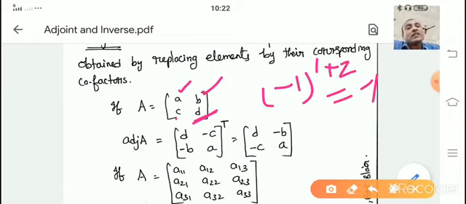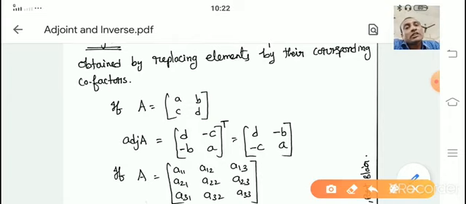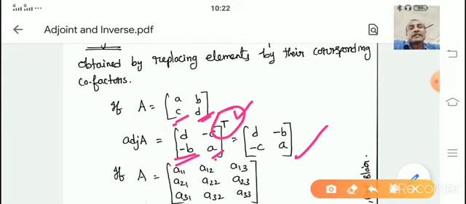It is the first row second column element, C will come, but with the cofactor sign criteria it is minus C. Cofactor of C is minus B. Cofactor of D is A. After writing all cofactors, transpose it, then you get D, minus B, minus C, A. So the adjoint of a square matrix of order 2 by 2 is D, minus B, minus C, A.